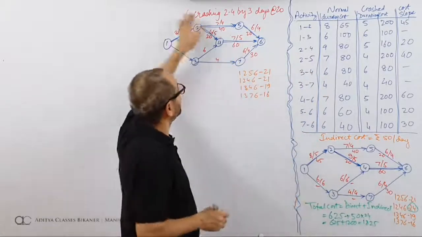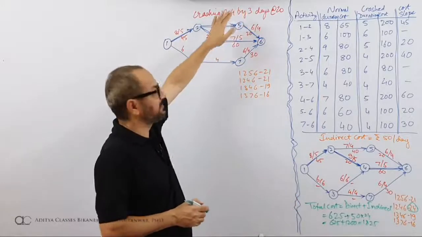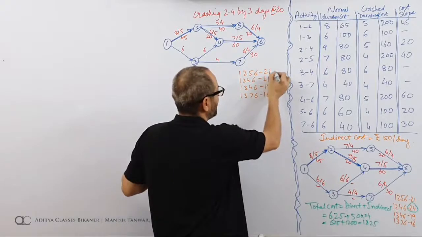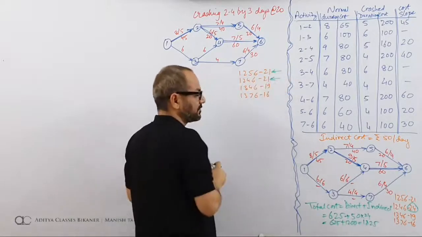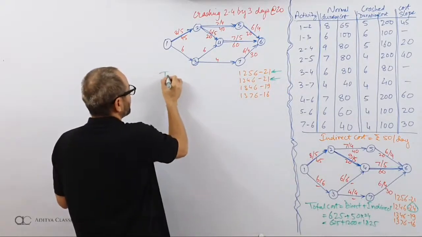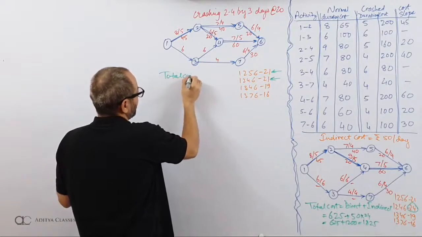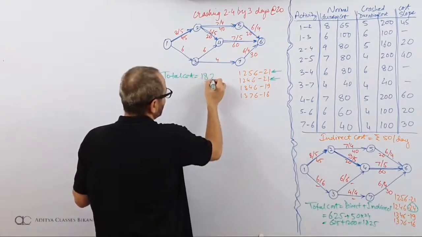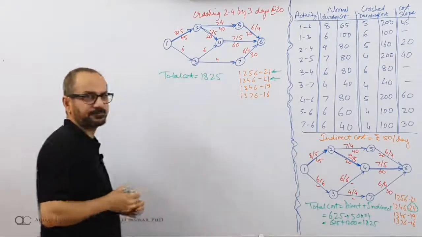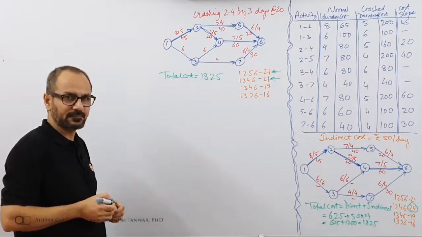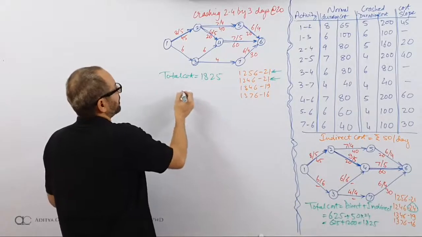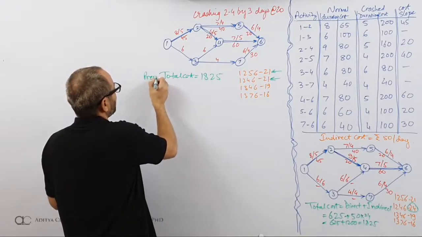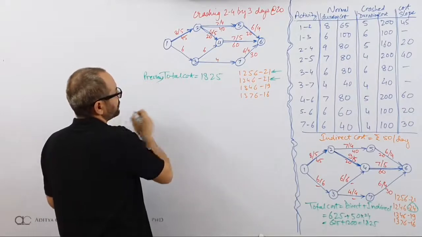Now when I have crashed the network by 3 days, my critical is 21. What about my total cost? Total cost to start with was 1825. Fine. Now, let us call it previous total cost.